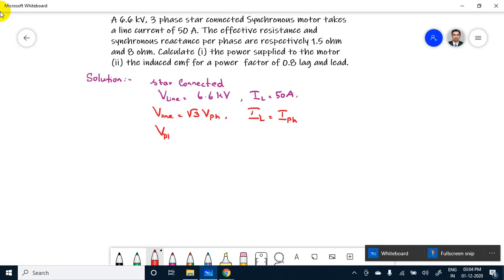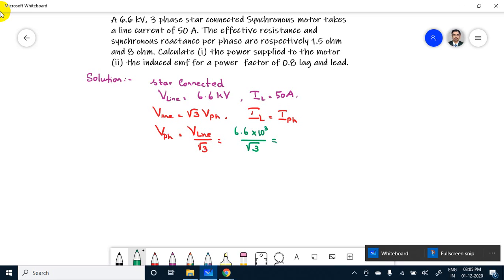V phase equal to V line divided by √3. Now substitute the value. V line is 6.6 kilovolt. Substitute 6.6 into 10 power 3 divided by √3.